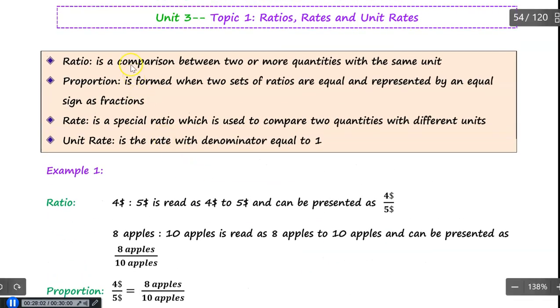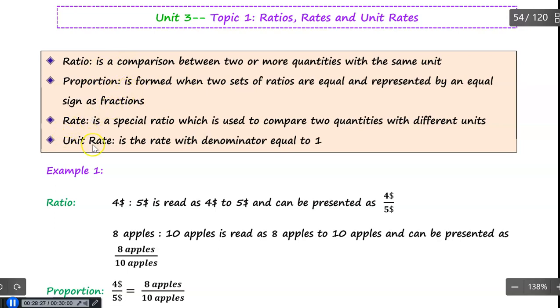So ratio is the comparison between 2 or more quantities with the same units. Don't forget that. Proportion comes from ratio. If you have 2 ratios, you let them equal to each other, you form a proportion. Without ratio, you don't have proportion.